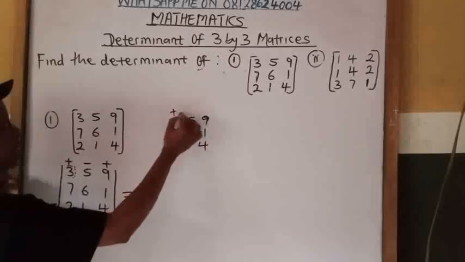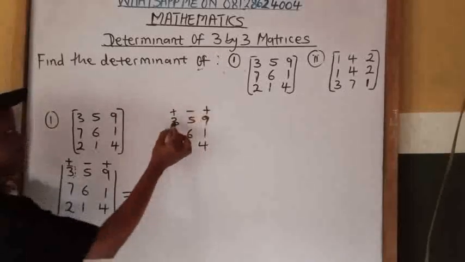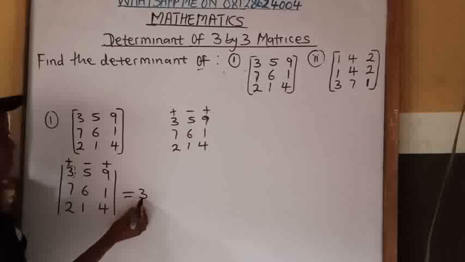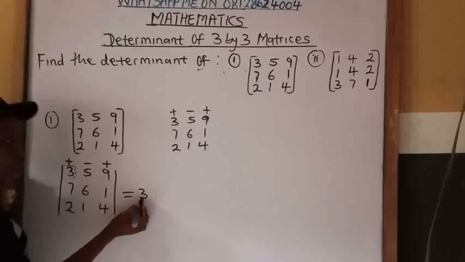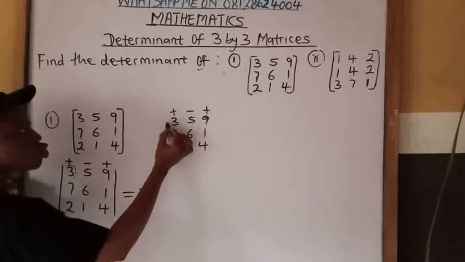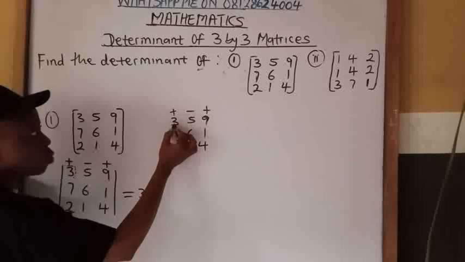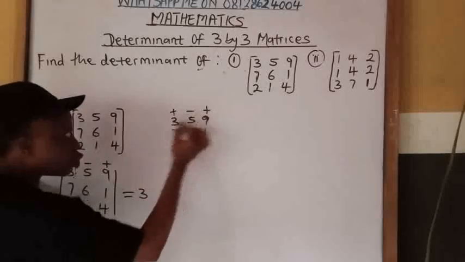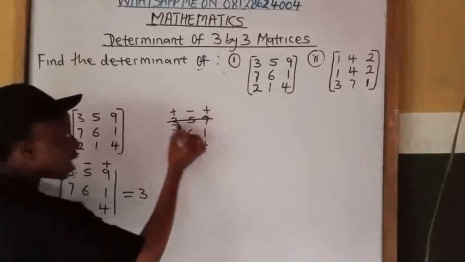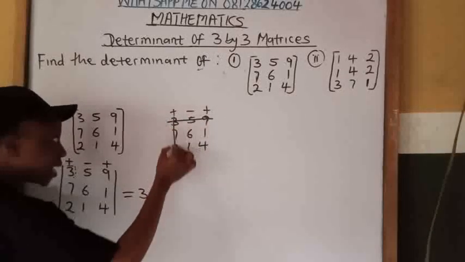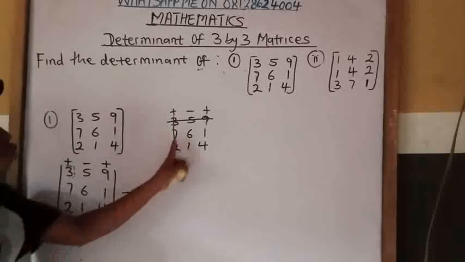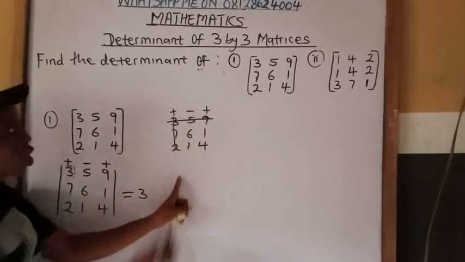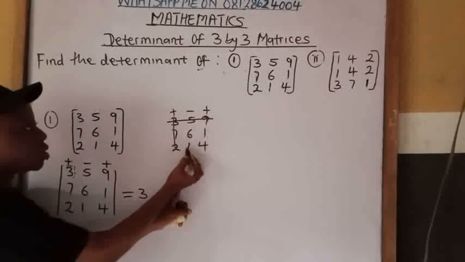When you pick the first element, which is 3, you rule out the row and the column where that element appears. When you rule out this row and this column, you will be left with 6, 1, 1, 4.